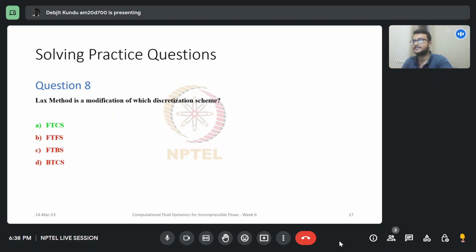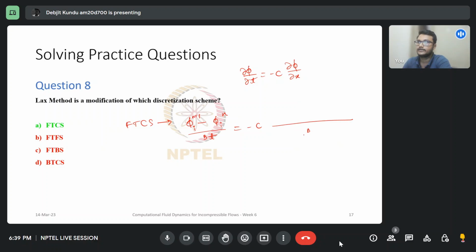It is FTCS. So how Lax method is done is, first we start off with FTCS. We have our same model equation, dou phi dou t equal to minus c dou phi dou x, and we do FTCS on it. So first we will take forward in time formulation. So phi at n plus 1 and n divided by delta t equal to minus c, and central in space differentiation.